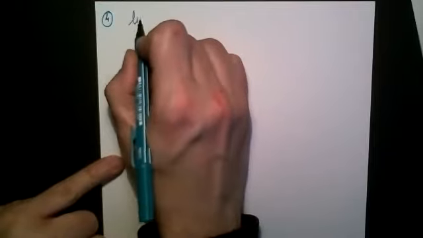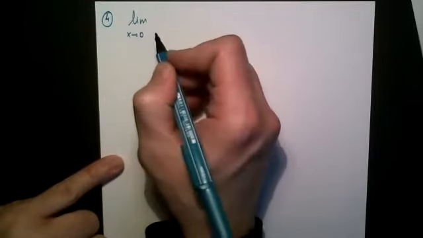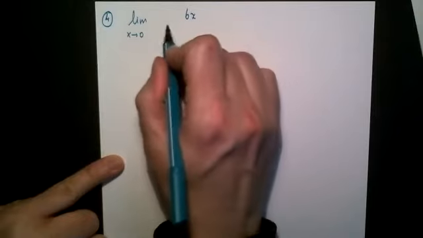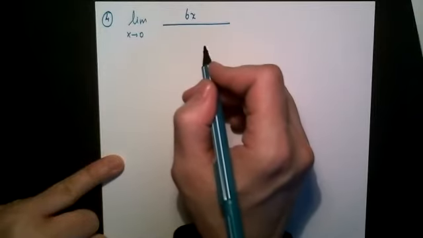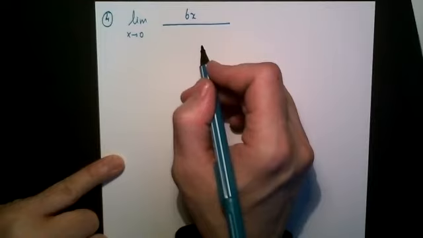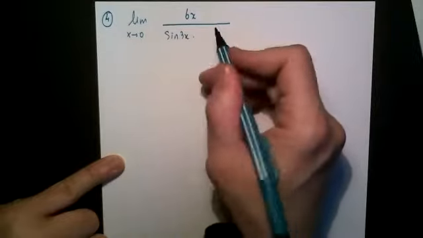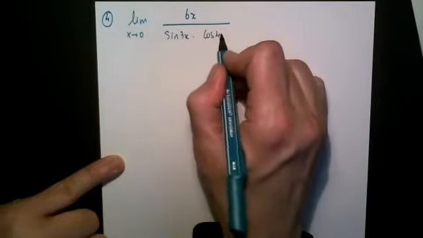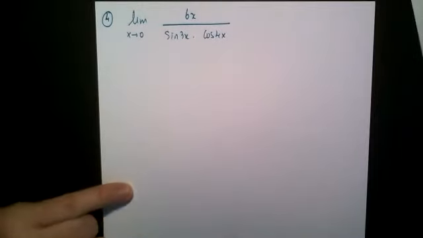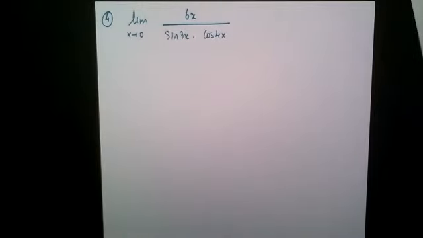Limit as x approaches 0 of 6x over sine 3x times cos 4x. Okay, so here's one. Okay, so this is an easy one.